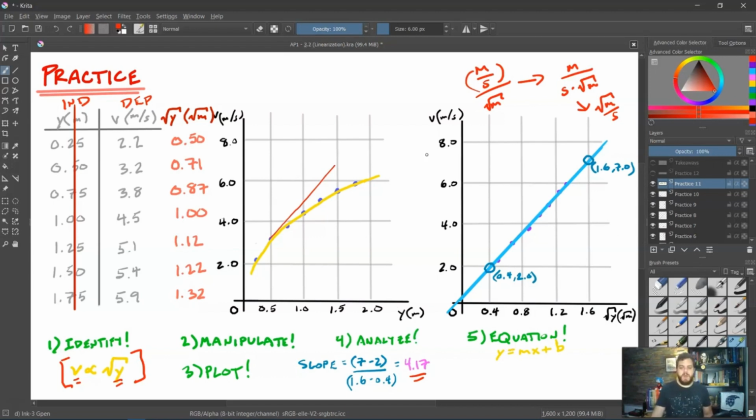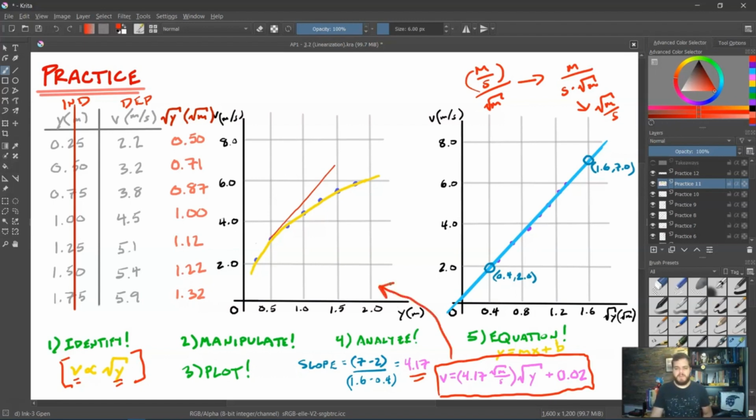I'm going to change y, our vertical axis, to v, and my horizontal axis x to the square root of y, and we get an equation that looks like this, which is way more complicated than what we would expect to get from a linear graph. And in fact, this equation matches this yellow plot right here of this data relationship. So this curved relationship, I could say an equation for it is v is equal to 4.17 times the square root of y plus 0.02. And then we are completely done.